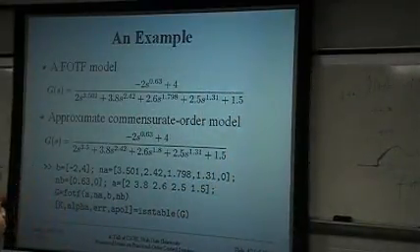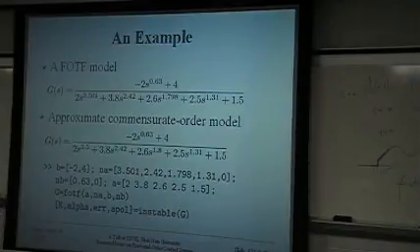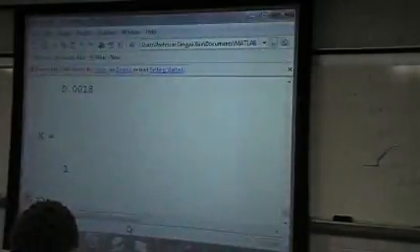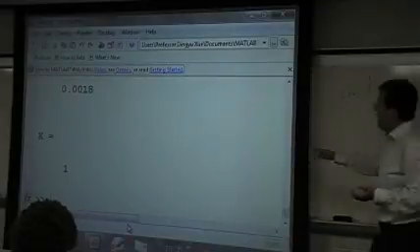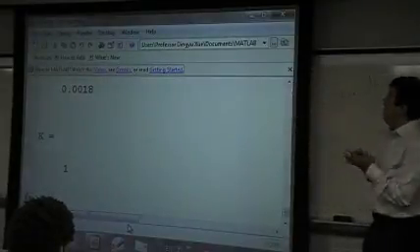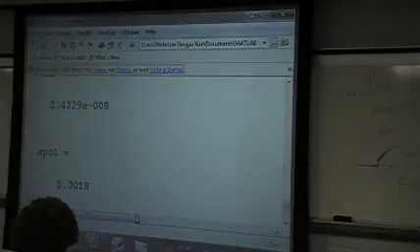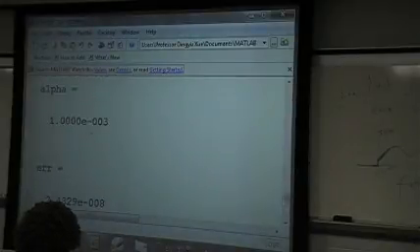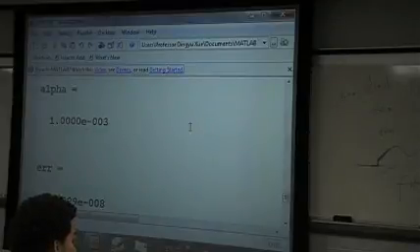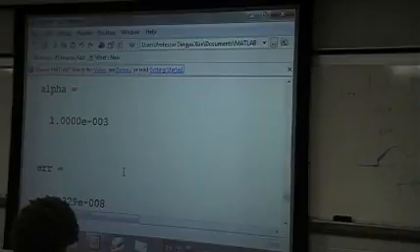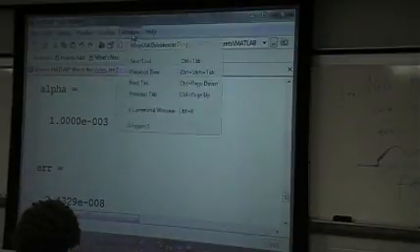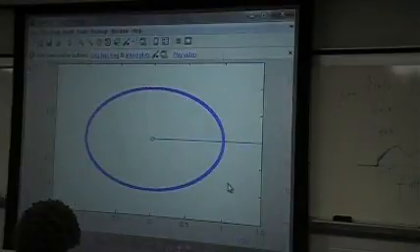When we get the result, I will say something about it. Well, the system is stable, and the value of alpha is 10 to the power minus 3, which is the same as the one I used.